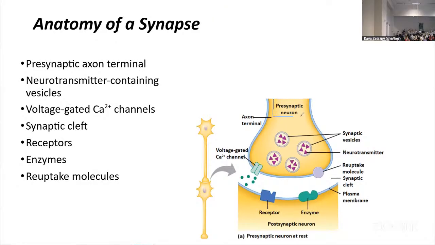So first thing we want to know is we've got cell 1, our presynaptic neuron, and cell 2, our postsynaptic neuron. So we're zooming in on the synaptic cleft right here, a tiny little area where we have this communication synapse between our neurons.